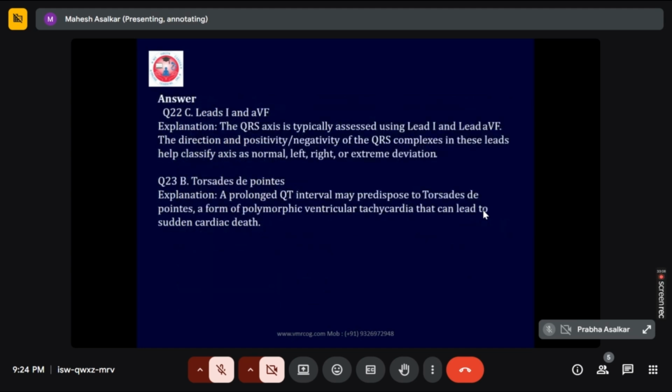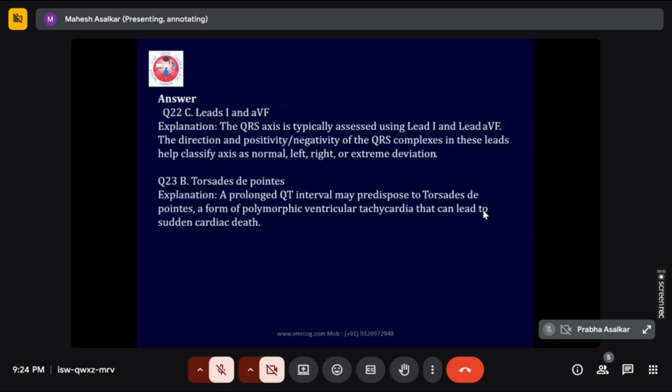Torsades de Pointes. Yeah. So question number 22 is C, leads 1 and AVF. The QRS complex is typically assessed using lead 1 and lead AVF. The direction and positivity or negativity of the QRS complexes in these leads help classify the axis as normal, left, right, or extreme deviation. Question number 23, answer is B, that is Torsades de Pointes.